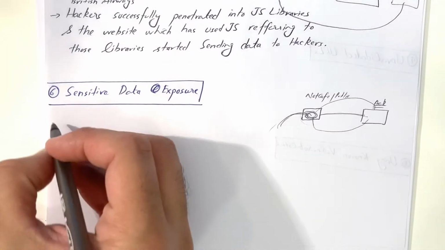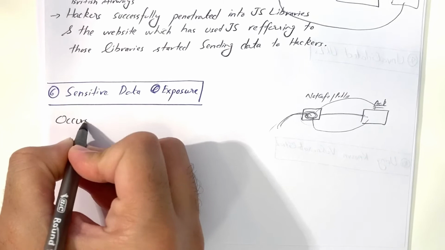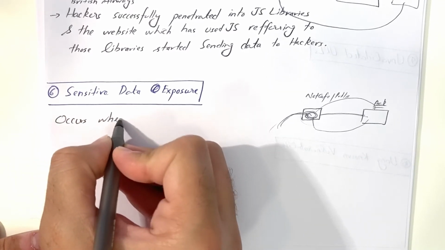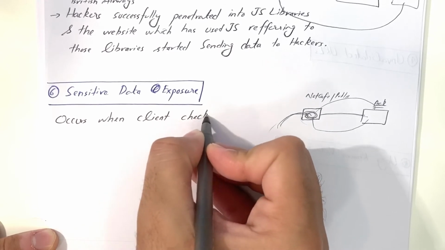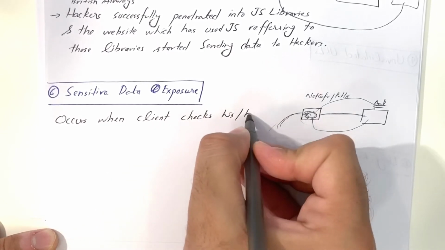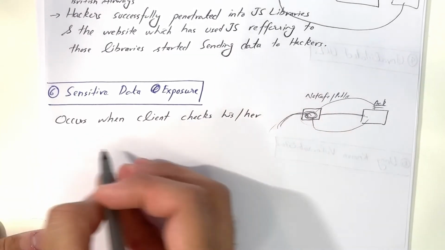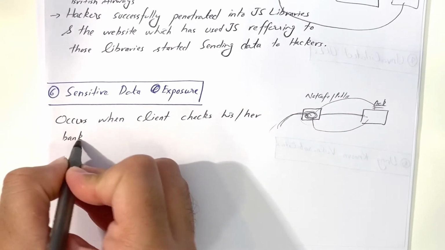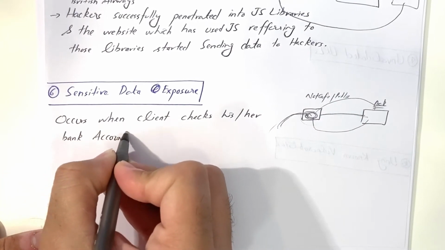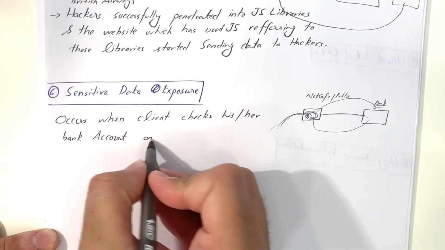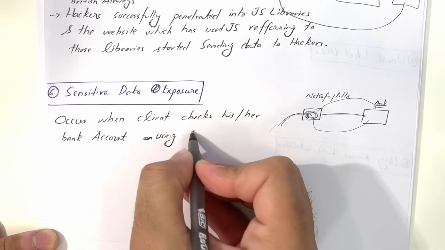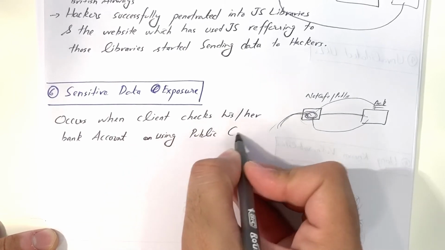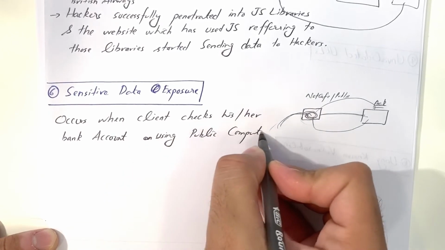So this particular vulnerability occurs when a client checks his or her bank account using a public computer or internet cafe.